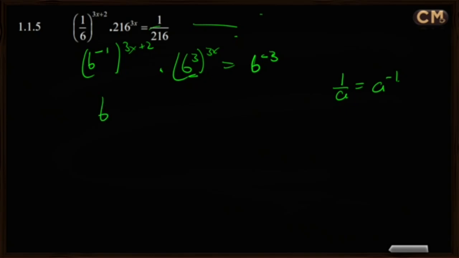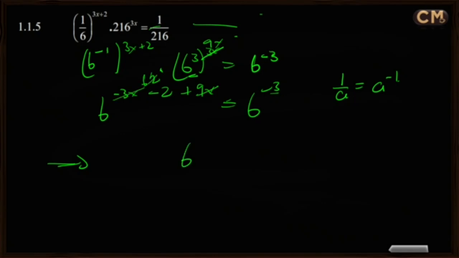That'll be 6. Well, minus 3x minus 2. That is 9x. So we'll add that. And that's all equal to 6 to the power negative 3. Which means we can now compare our exponents, which gives us, well, 9 minus 3 gives us 6x.